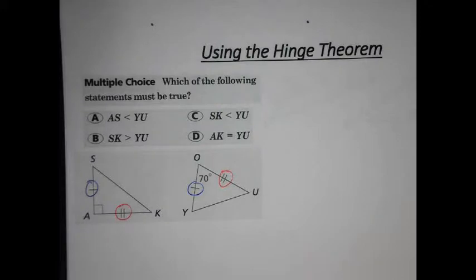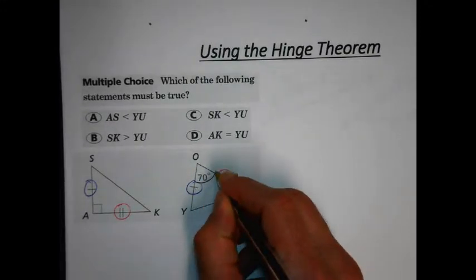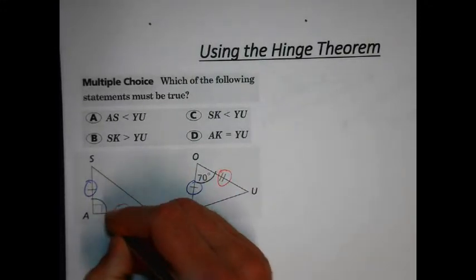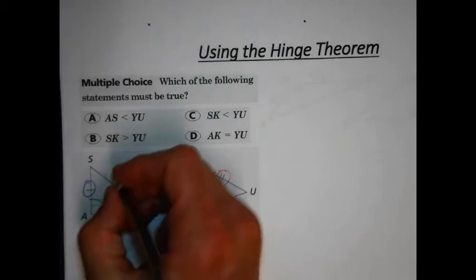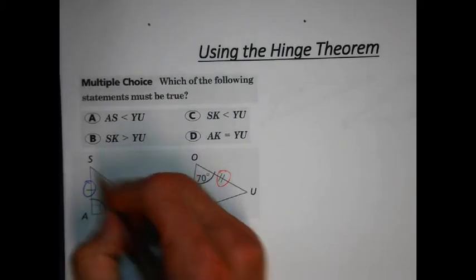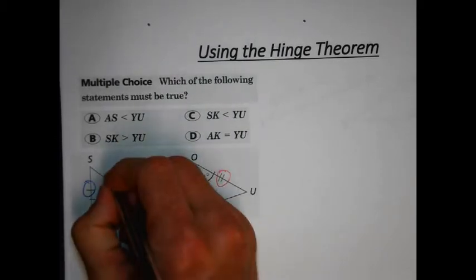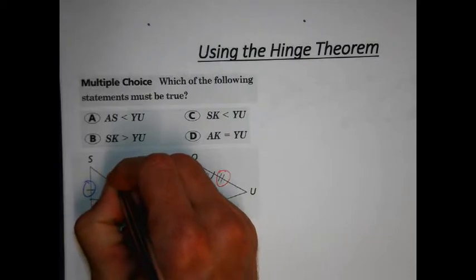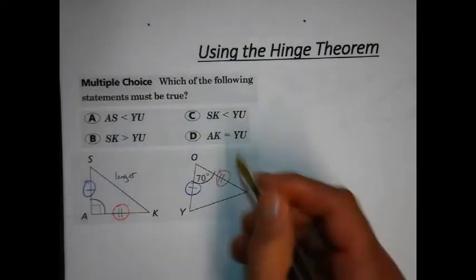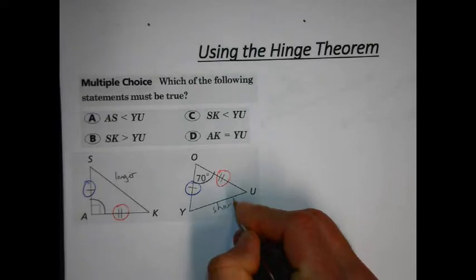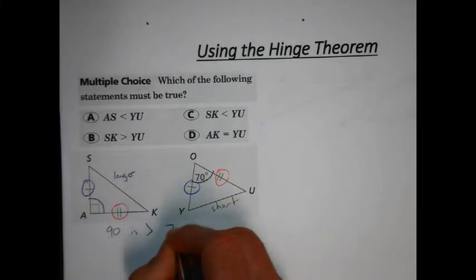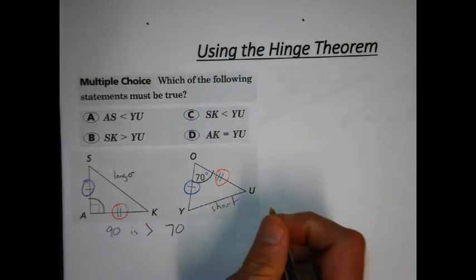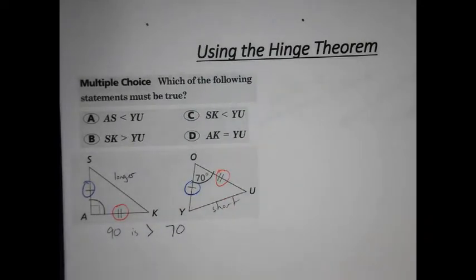The included angle in this triangle is 70, and the included angle here is 90. So this opposite side, SK, is going to be longer than this one, because 90 is greater than 70. If the included angle is larger, then the side will be longer.